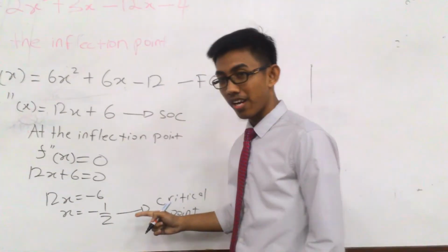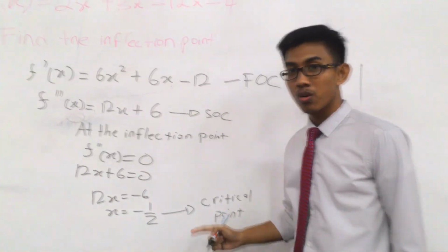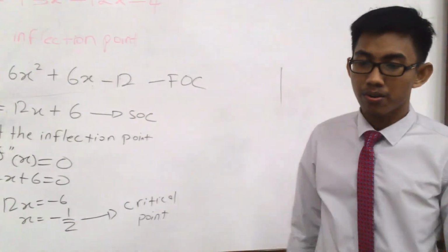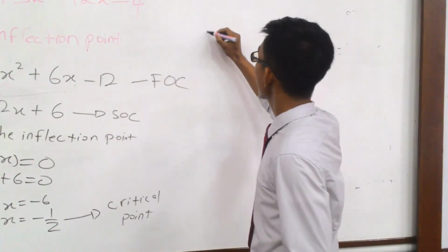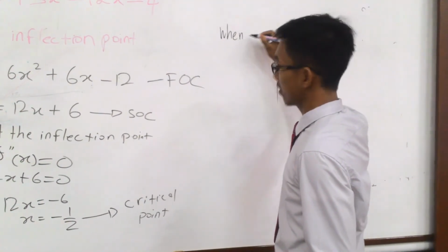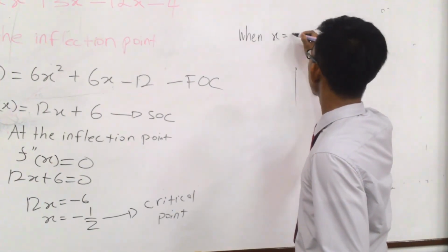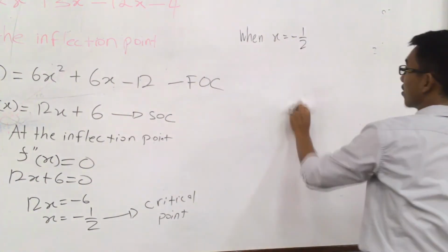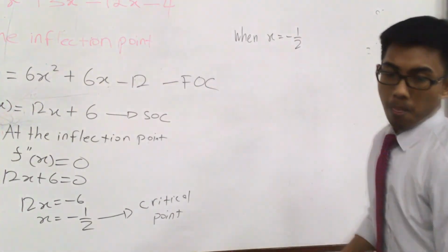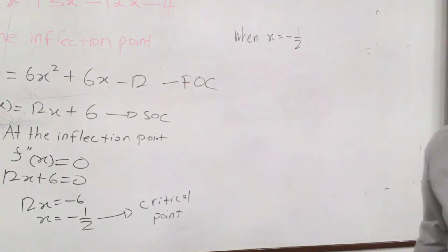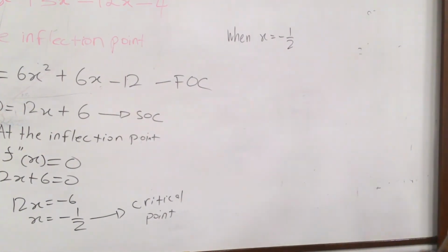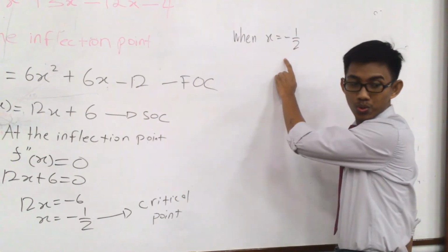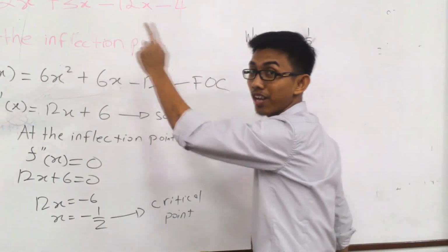After we get x equal to negative 1 over 2, we must find the y. So when x is equal to negative 1 over 2, we must replace x with negative 1 over 2 in the equation of f(x).